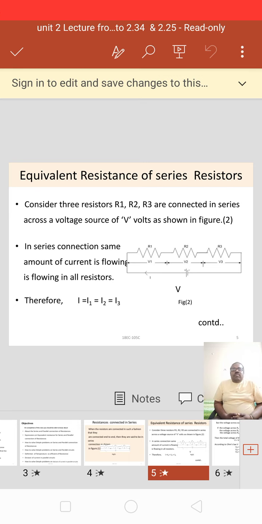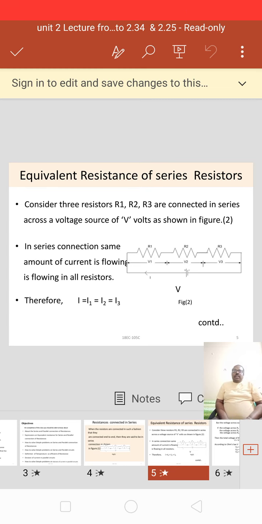Equivalent resistance of series resistors. Consider the resistors R1, R2, R3 which are connected in series across a voltage source of V volts as shown in the figure. In series connection, the same amount of current is flowing in all resistors. Therefore, I equal to I1 equal to I2 equal to I3.